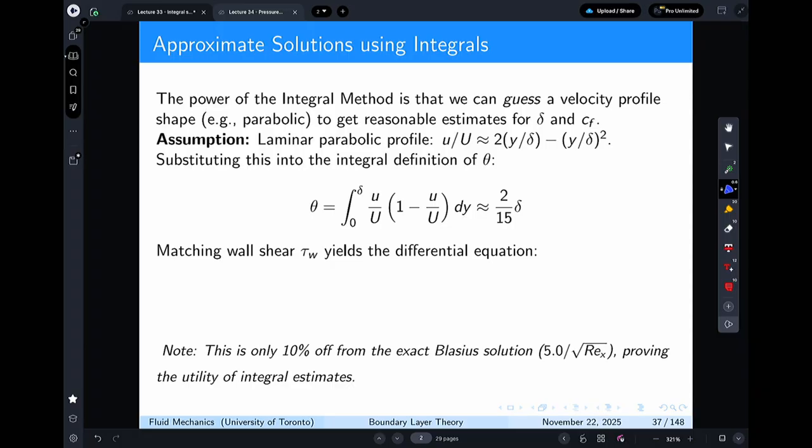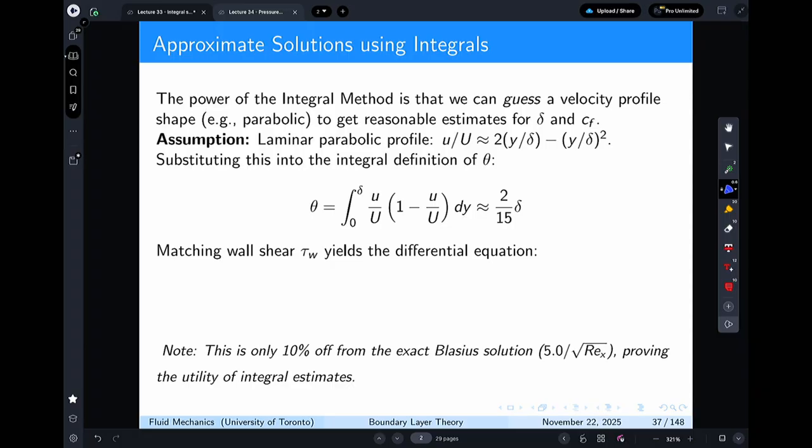It's the difference between what you would get in a free stream and what you would get once you put the wall or the obstacle into the flow. This is about 10% off of the exact Blasius solution, 5 over square root of Reynolds number based on x.